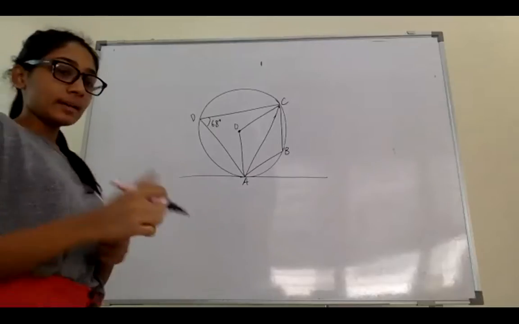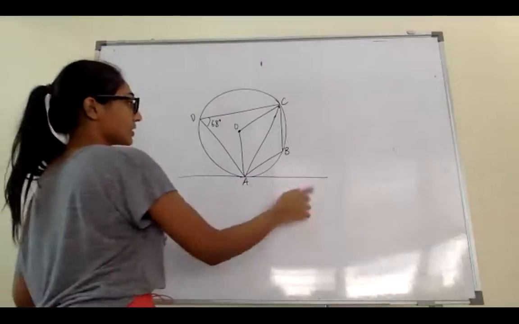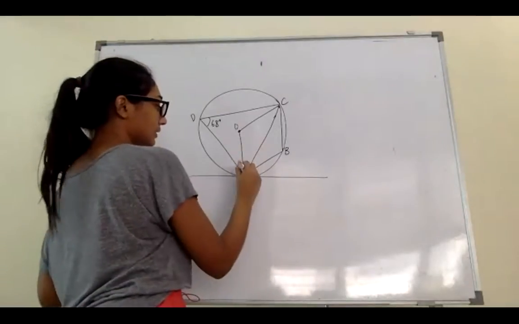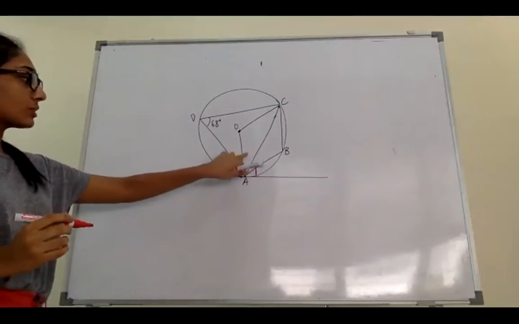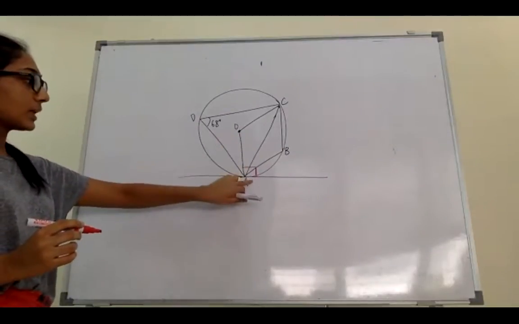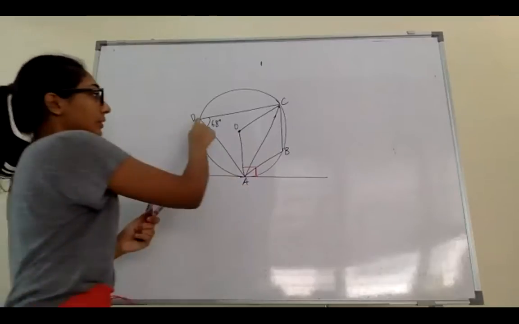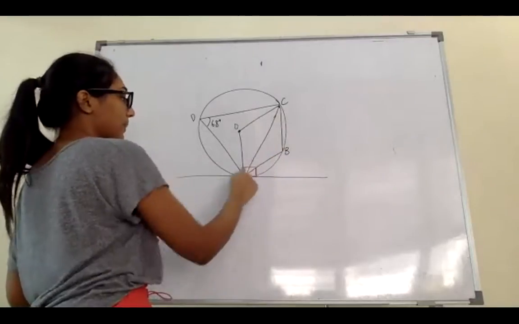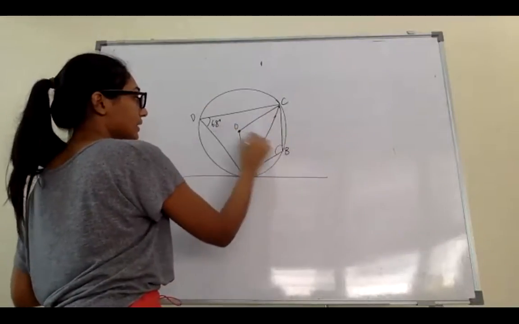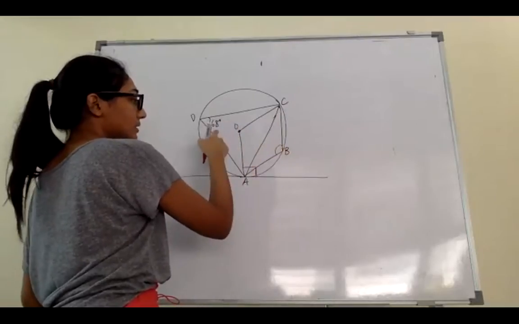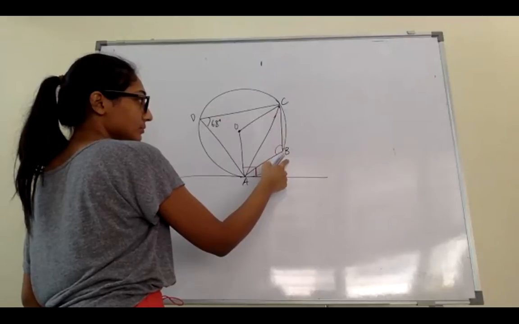So, a few things before we get into solving. When I have a tangent and the center of the circle, the tangent to the radius will be 90 degrees. And we also know this is a cyclic quadrilateral, which means the opposite angles must equal 180. So if this is 68, what is B? 68?